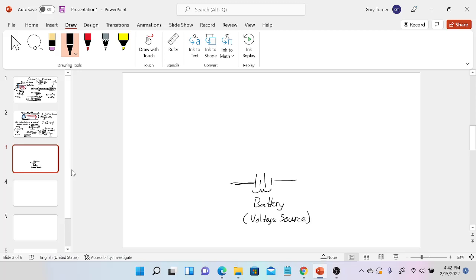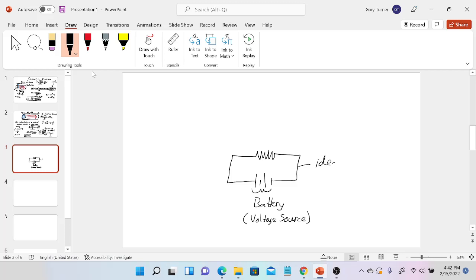And then just regular lines connecting our different elements are going to be assumed to be ideal wires. And so when we say ideal wires, what we're implying is that the wires themselves don't really contribute any resistance. Okay.